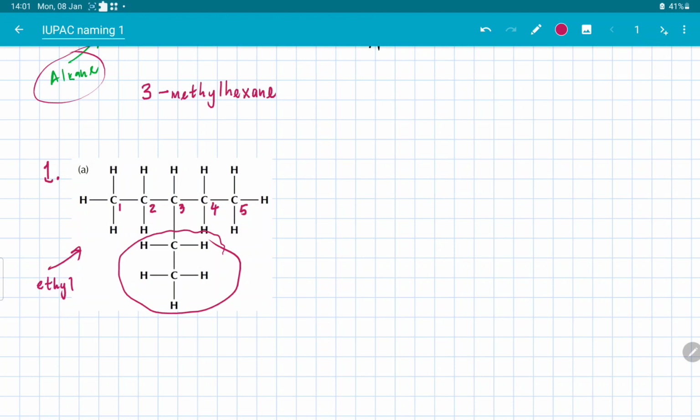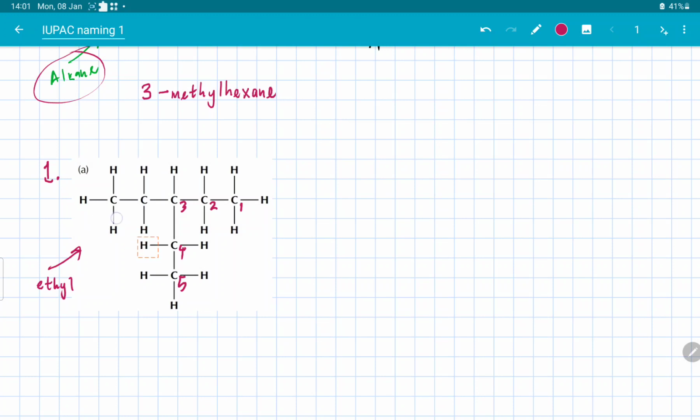However, option 2, if I count 1, 2, 3, 4, 5, recognize again, you find ethyl again. This is still correct, people. Again, if I count starting from the right, 1, 2, 3, 4, 5, here is the ethyl.